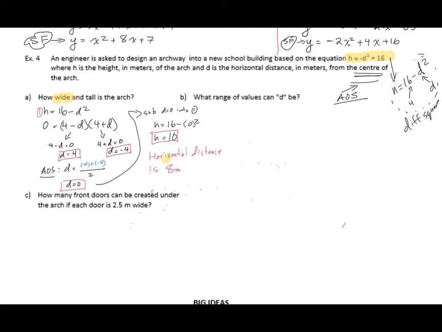And the height, based on our maximal y value calculation, i.e. taking our axis of symmetry and plugging back into our equation to find either the max or the min, the height maxed is 16 when d is equal to 0. And that's all she wrote, guys.